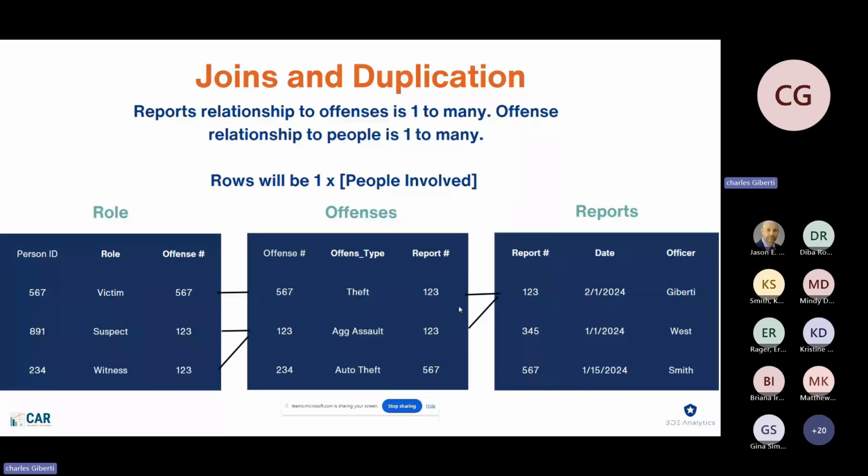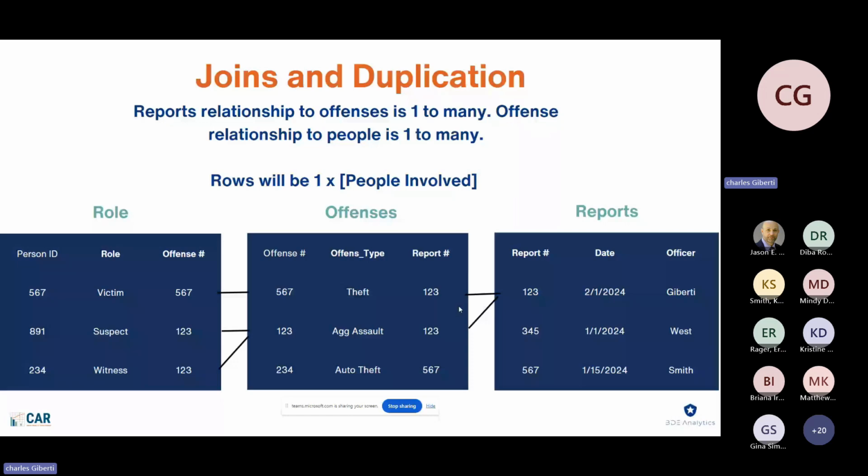When we start to look at people, this is going to change again, because in order to pull how many people were involved, how many victims there were, we then have to take our offense table and join it to a table of people roles. This is that table of combination of people and offenses together. This is now going to change how many times you can see the same report number duplicated in your result.